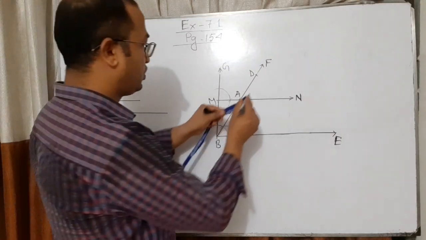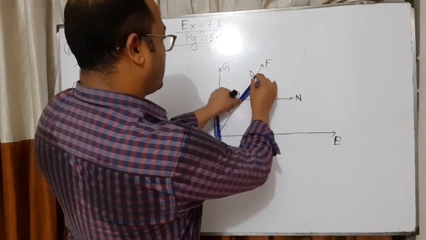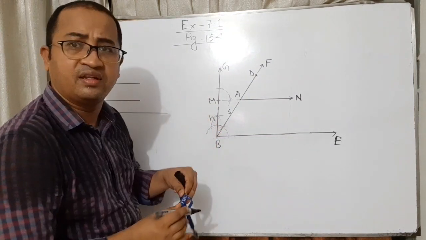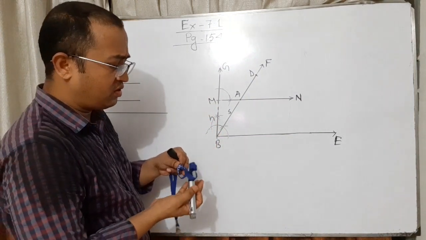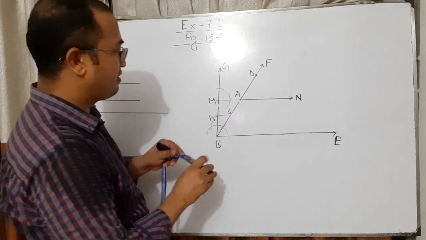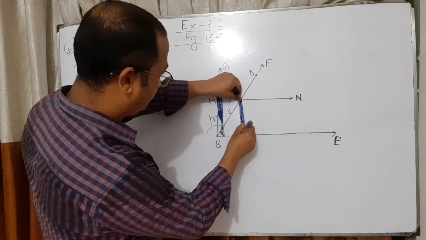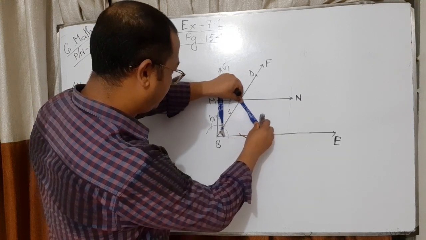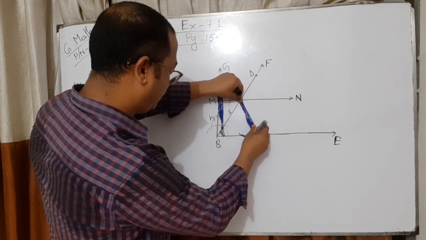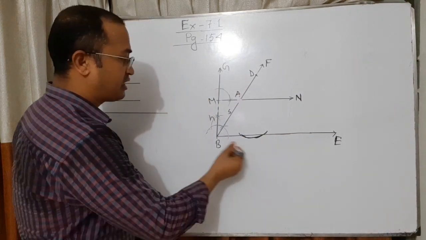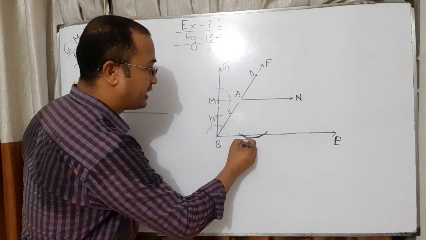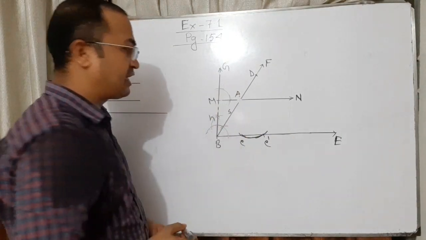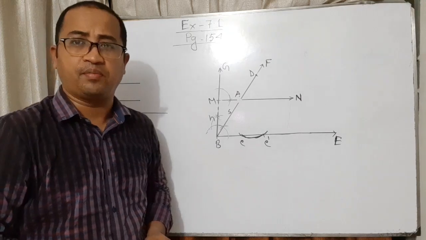Look, with center A and radius AD, we draw an arc. We cut the line BE at two points, C and C prime. Now join AC and AC prime.